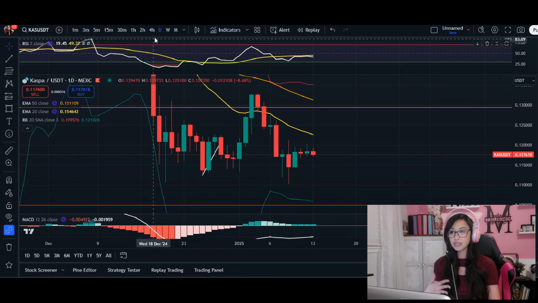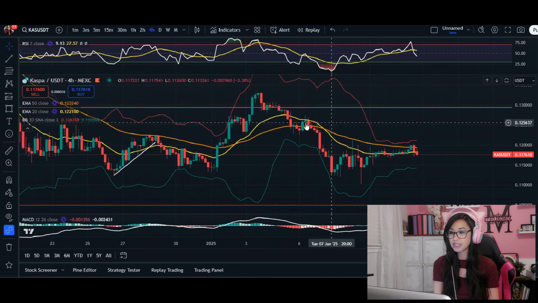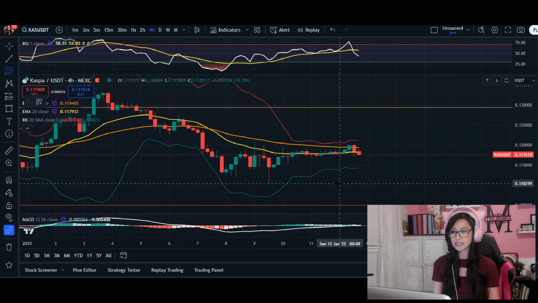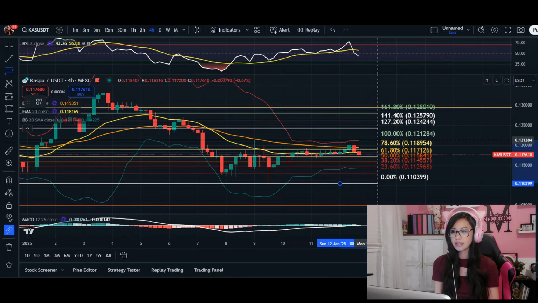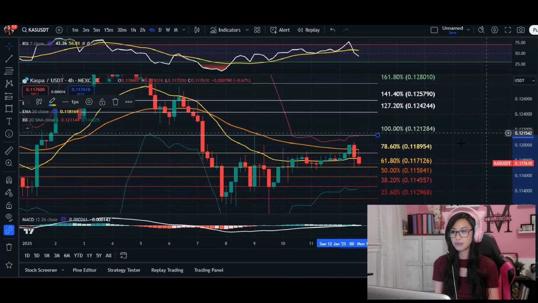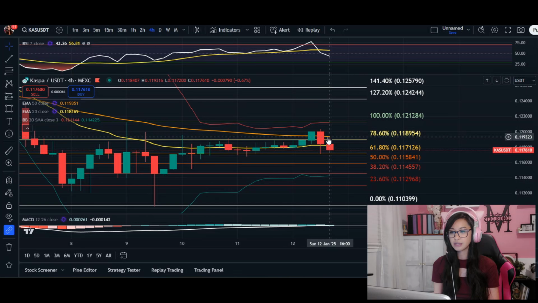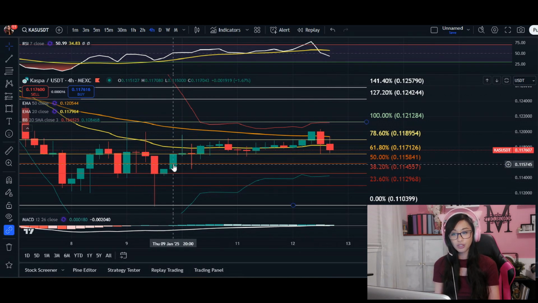Heading over to the immediate short term here for 4 hours. Again, we're seeing that consolidation, coming up to resistance, coming down to an area of support. The price is still struggling above our 50 moving average around 0.1181. Again, if we're able to reclaim and close above this with conviction, with strong green bullish candles.